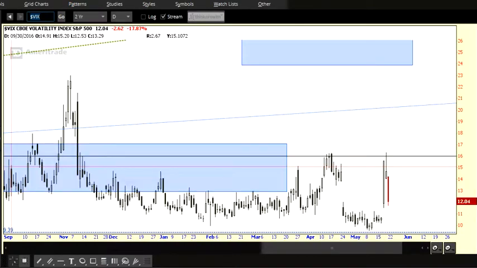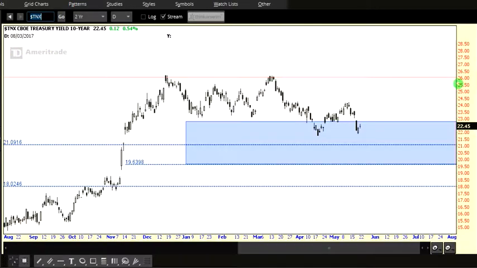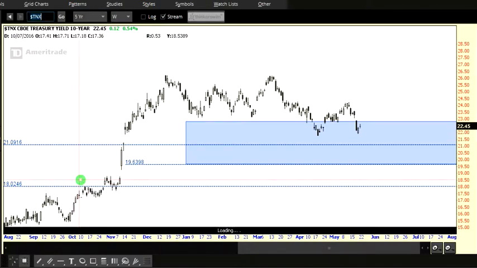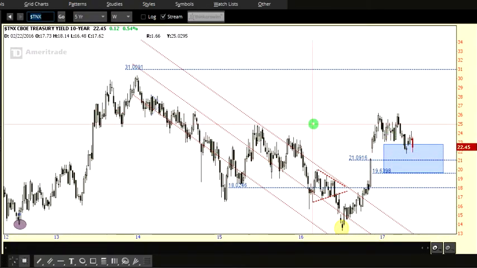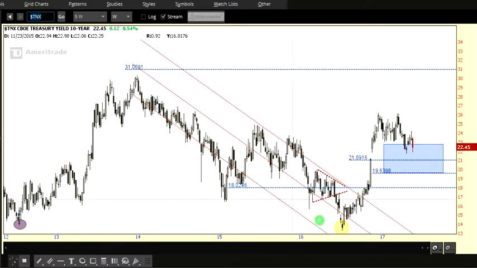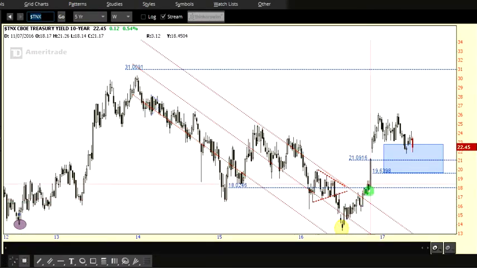Let's look at bonds. Let's look at the 10-year. The 10-year, I don't think is quite through pulling back. We've covered this before. Let me go to weekly. I keep switching to a daily to show certain things, and then I'm missing the weekly. But we had this big move down, which culminated in a new low back in mid-2016. We had a pretty aggressive run up, and now we're in the middle of a pullback.